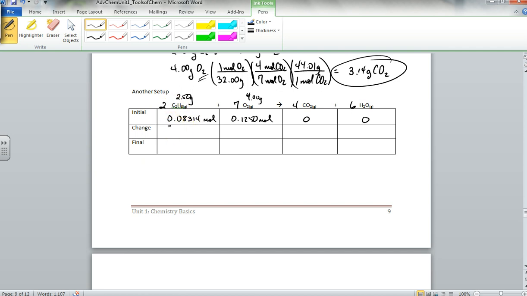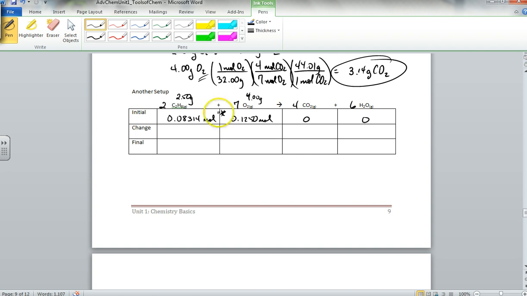That gives us about 0.04. If you take 0.1250 moles and divide it by 7, you're going to get a smaller number than you would if you divided this one by 2. So that's a quick way to determine that the oxygen is the limiting reagent. And we already knew that from the previous problem. It's the one that produces the least amount. So this oxygen is our limiting reagent.